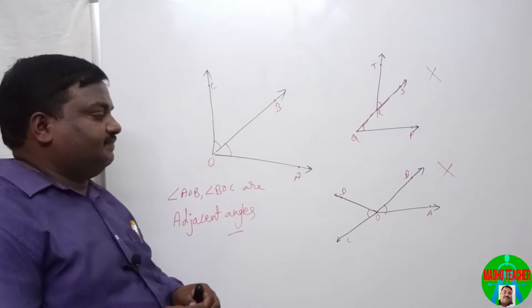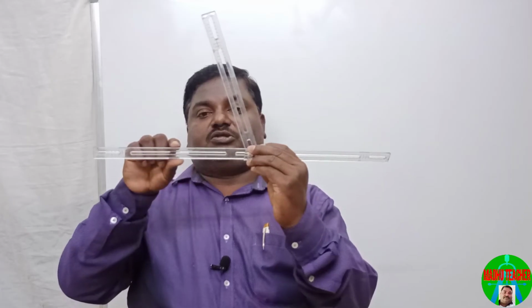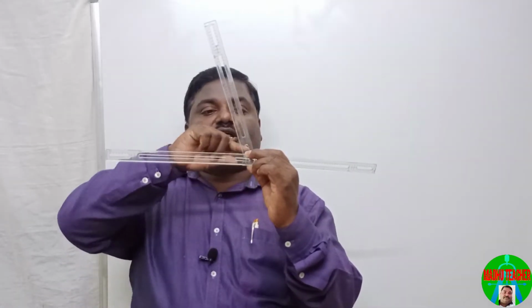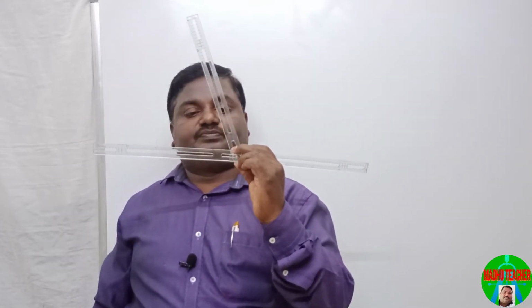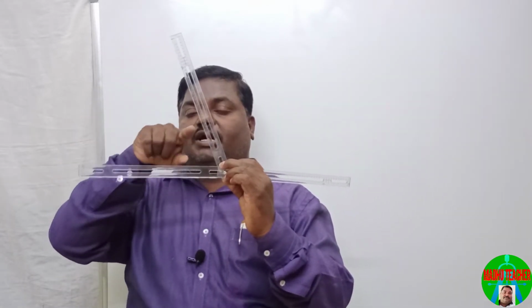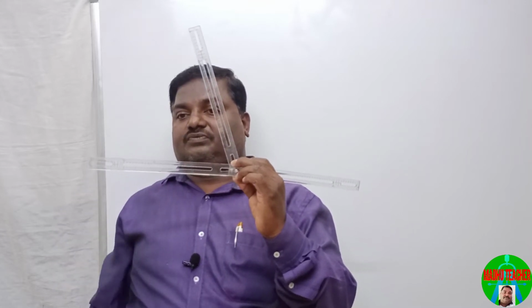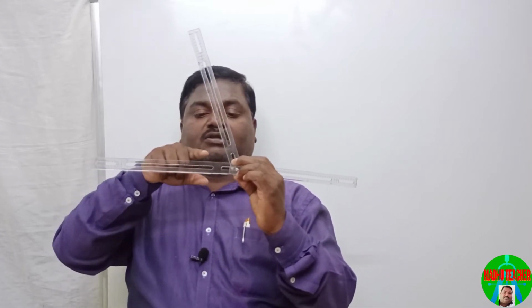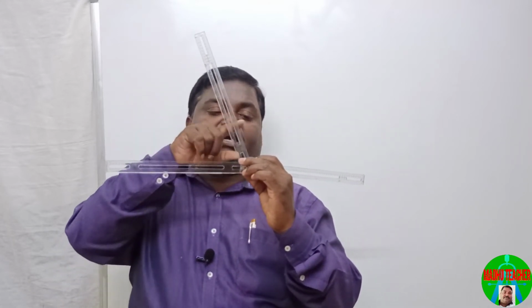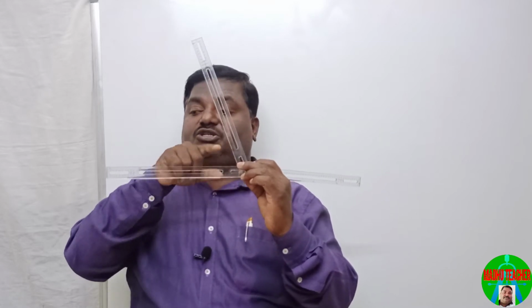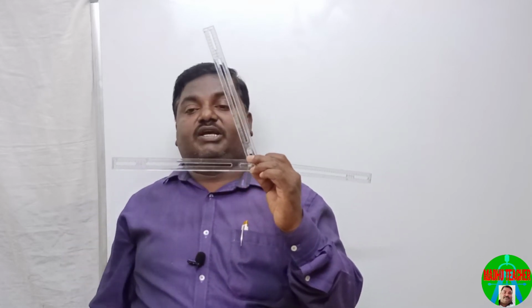Okay, next, suppose this is a line. On this line we have another ray or another arm. They form two angles, and the sum of these two angles is 180 degrees. By measuring these two angles, we'll get 180 degrees.